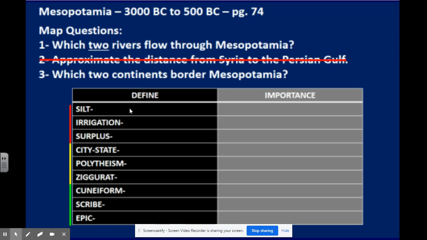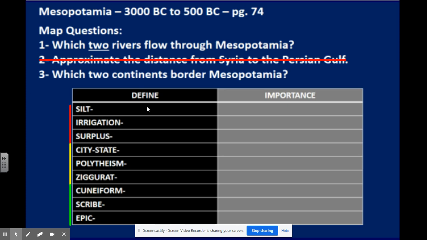So again, the first three here have to do with farming, so obviously they're going to have something to do with it. The very first one is silt. Silt is fine particles of fertile soil. Again, fine particles of fertile soil.